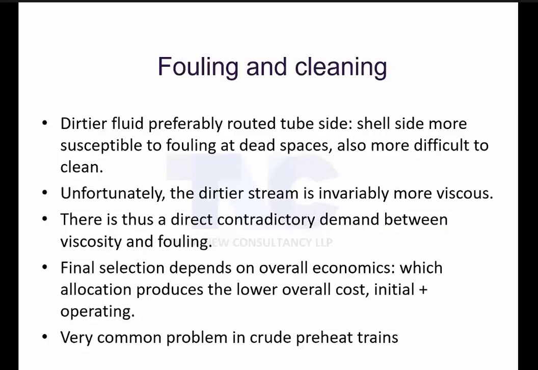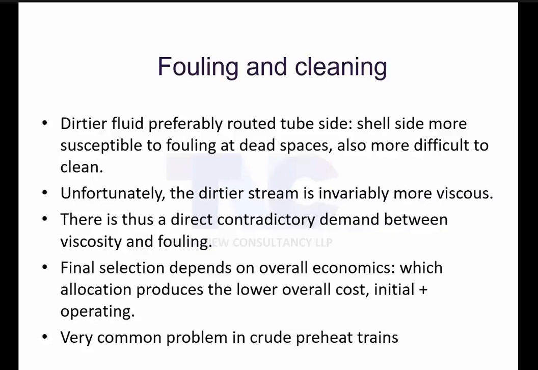Then you thought, oh my God, my other medium is at very high pressure. The high pressure fluid has to be sent in the tube side because the tube can handle high internal pressure. That means again you need to decide what to do. This is how the engineer has to think, you see the economics. How much thickness do I have to make?